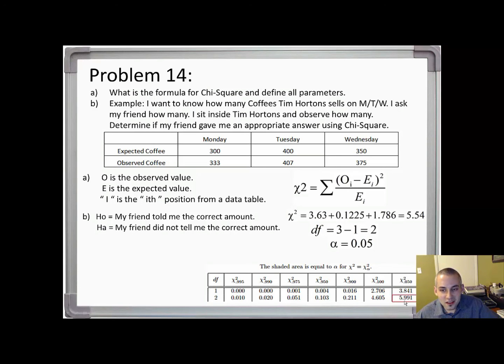And I find the value of 5.991. So in our case, our chi-square is less than 5.991. So we're going to go ahead and validate the null hypothesis. In our case, my friend did tell me the correct value with respect to the selected significance level.